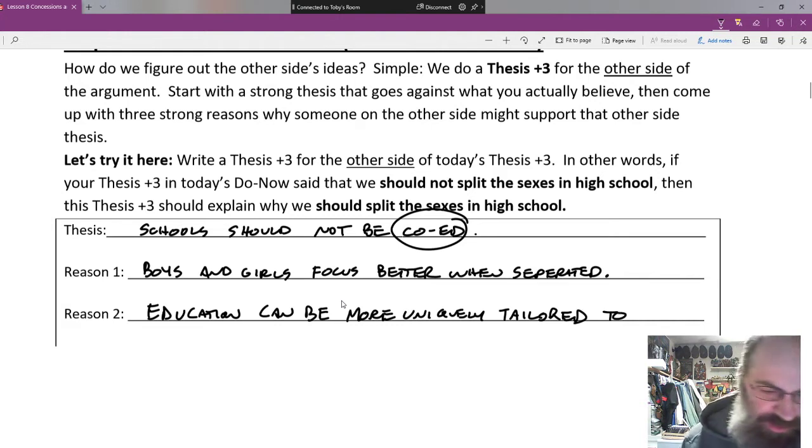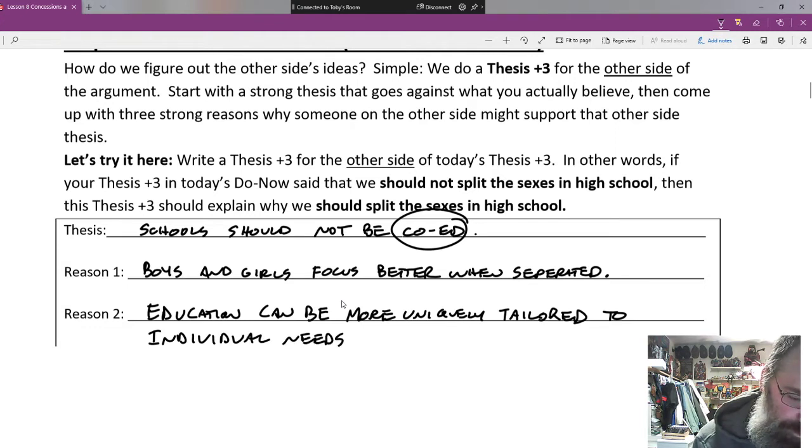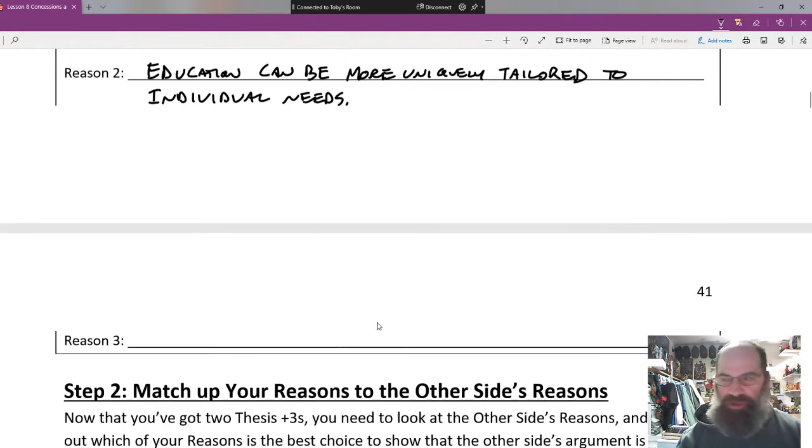Tailored to individual needs. Like I said, this was a lesson that I meant to do with my AP seminar kids before the unpleasantness. And then the third reason, I mean, what do you think the third reason to split boys and girls up? Fewer discipline problems, right?